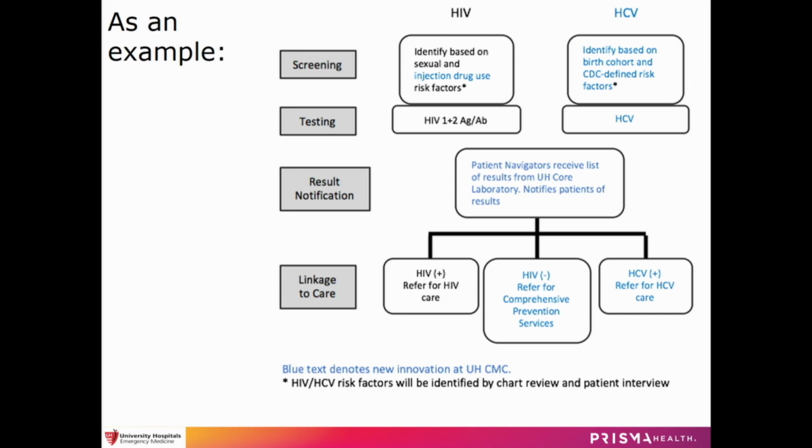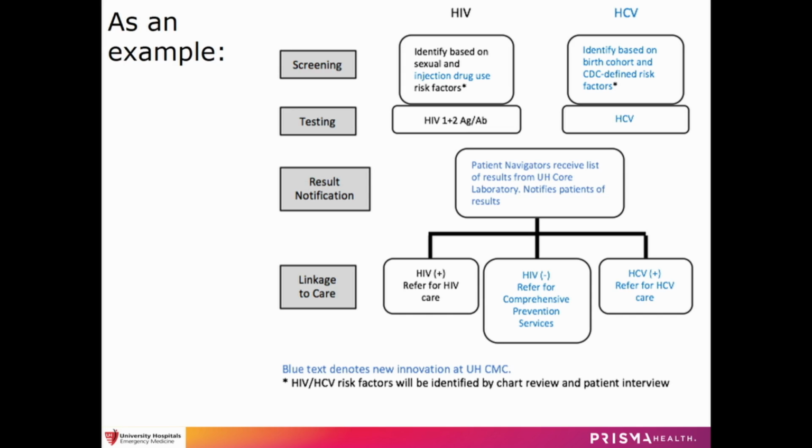So this is an example, as I said, I recently transitioned to university hospitals. So this is an example of basically what we were proposing. We're starting a more robust HIV and hepatitis screening program this year. And so for HIV on the left, we were identifying based on sexual and injection drug use risk factors. We're going to do the combined antigen antibody testing.